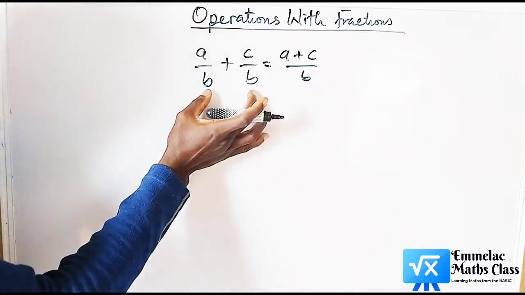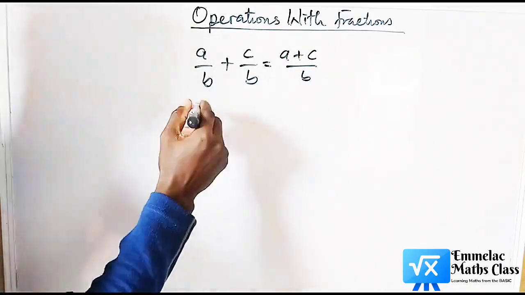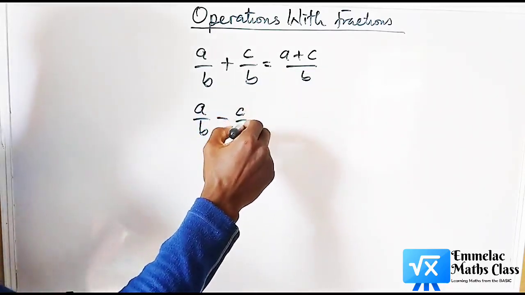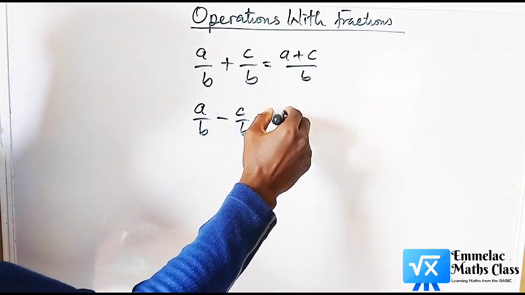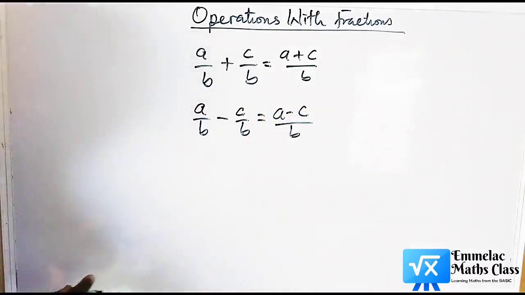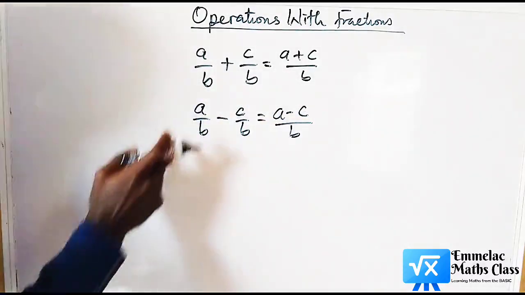This also applies to the subtraction rule: a over b minus c over b gives a minus c over b. This is the addition rule and the subtraction rule.